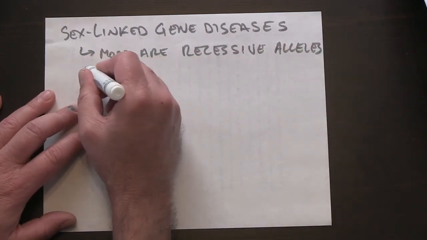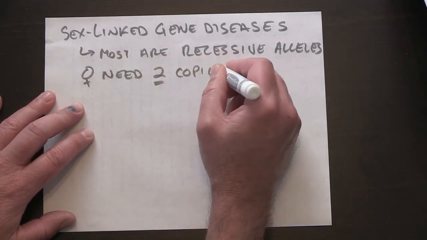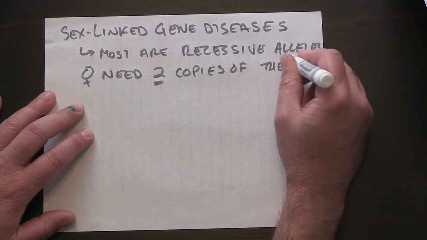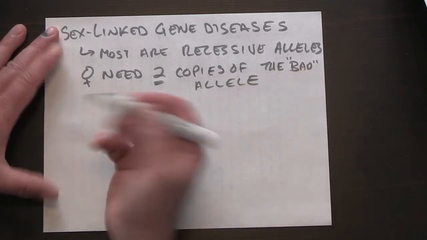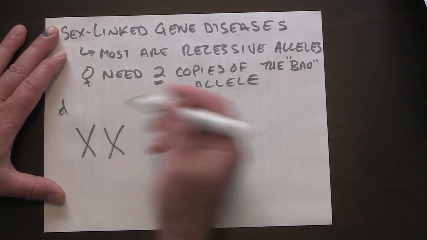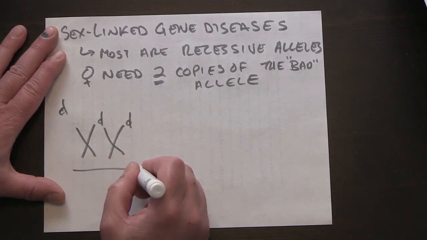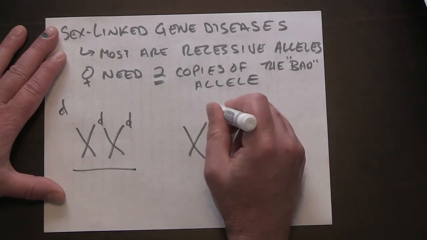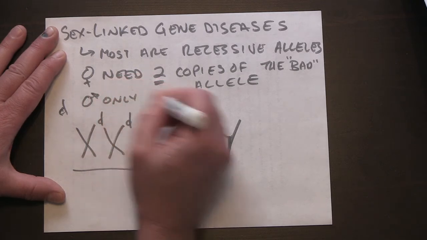So females need 2 copies of the, let's say, bad allele. Let's just say that little d means a disease. So a female is by definition XX. In order to be diseased, she would have to have 2 copies of it, right? That's a diseased female. If a male, which is XY by definition, he only needs 1 copy of it, and you've got the disease.